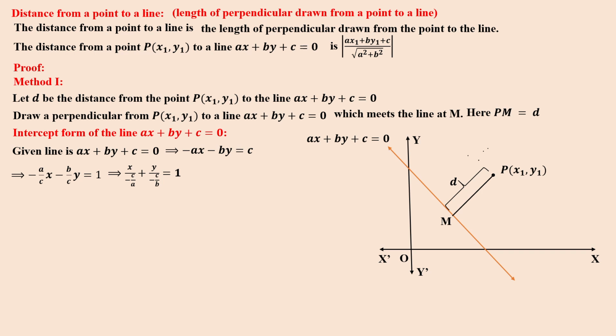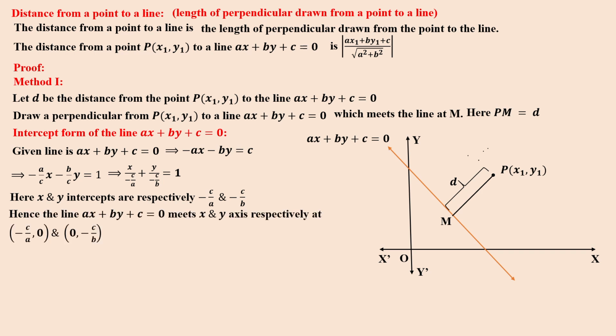Similarly, here minus a by c can be written as 1 by (minus c by a), so x by (minus c by a), similarly plus y by (minus c by b) equals 1. So here the x-intercept is minus c by a and the y-intercept is minus c by b. Hence ax + by + c = 0 meets the x and y axes respectively at (minus c by a, 0) and (0, minus c by b).